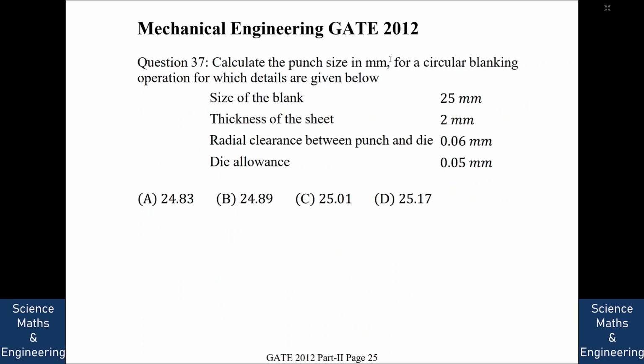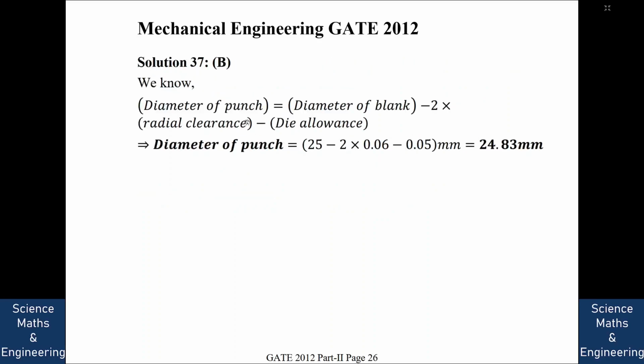Calculate the punch size in mm for a circular blanking operation for which details are given. So we have the size of the blank, we have the thickness of the sheet, we have the radial clearance between punch and die, and we have the die allowance. Okay. So the punch size is how much? The diameter of the punch would be diameter of the blank minus 2 times the radial clearance and minus the die allowance.